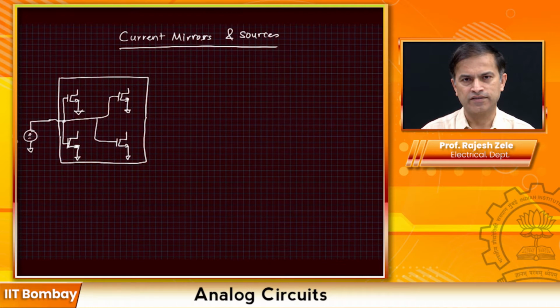This is not such a good idea, and the reason is that each of these transistors is at a different location on the chip, and transistor parameters change quite a lot from location to location. So you will not get exactly the same current that you were expecting from this configuration. Also, there is the ground connection.